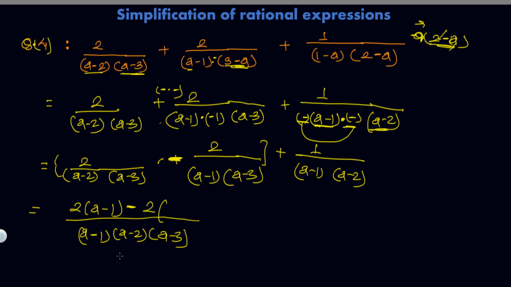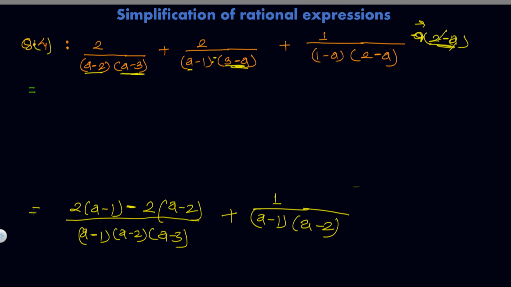So if I divide the LCM by the denominator of this, I would cancel a minus 1 and a minus 3. The remaining term will be a minus 2, a minus 2 plus, let me write this term as it is, a minus 1, a minus 2. Let me erase this part so that I can do it further. Now from this expression I would be writing it over here.